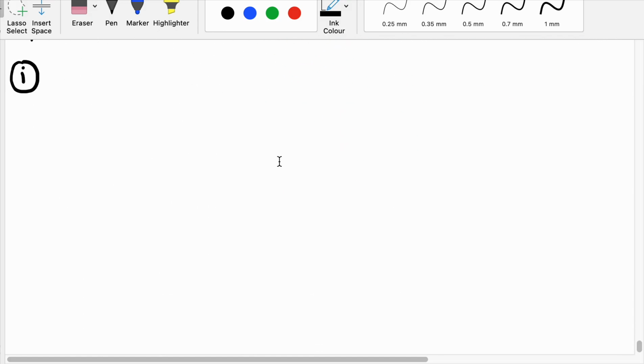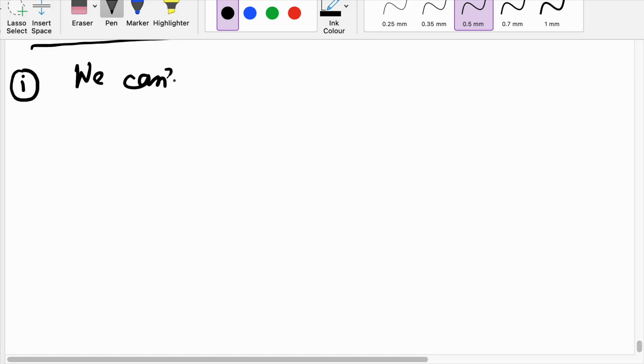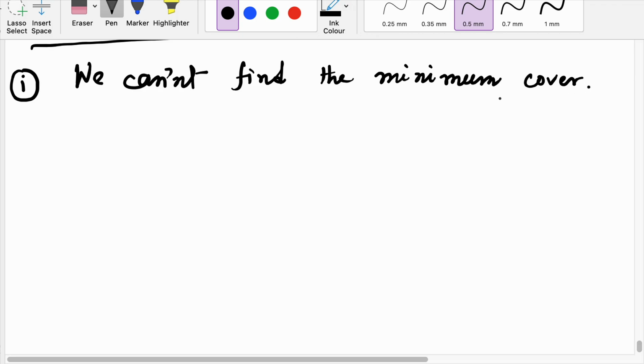However, in general we can't find the minimum cover. And if I can't find the minimum cover, you will find that some part of this object is out of the box, and we can't cover these things. So that is the one problem.